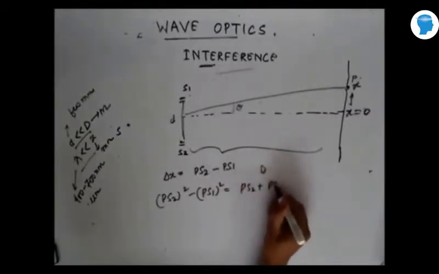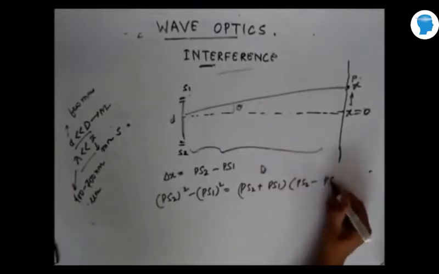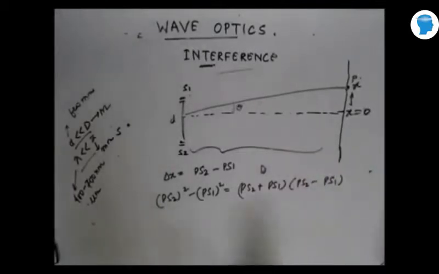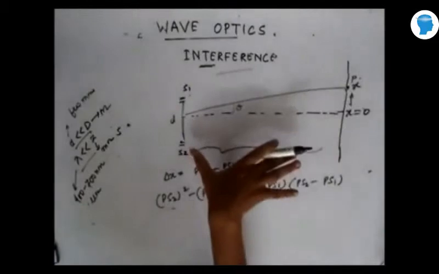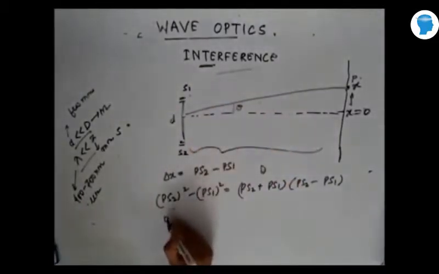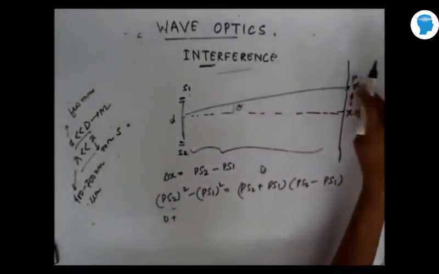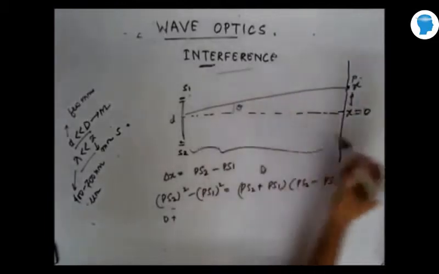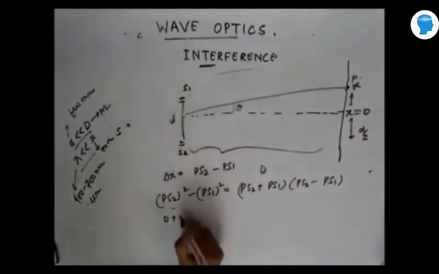(PS2 plus PS1) into (PS2 minus PS1). Now what is this? If you take this triangle, PS2 squared is D squared plus (x plus d by 2) whole squared. This distance is D, and this distance is x, and from here to here it's d by 2.